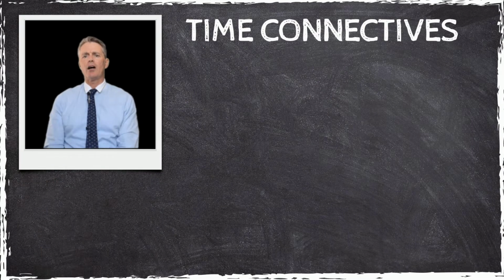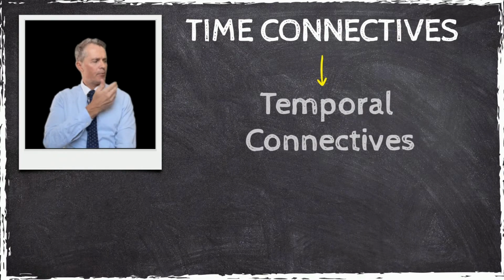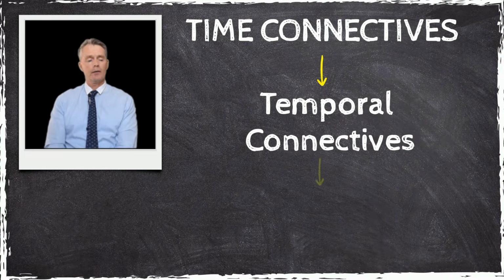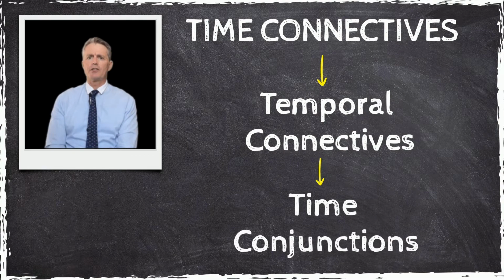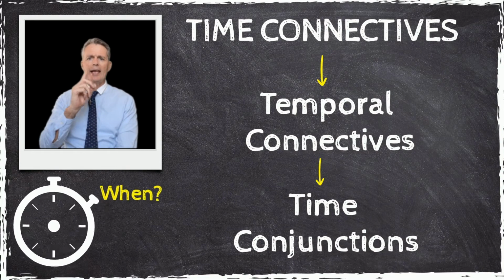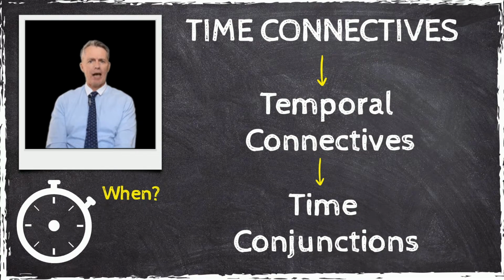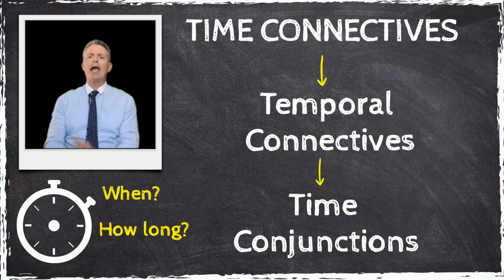Time connectives are also known as temporal connectives or time conjunctions. They are words or phrases that help describe when an event happened, for how long it lasted, or when it will happen in the future. They give the reader a time frame.